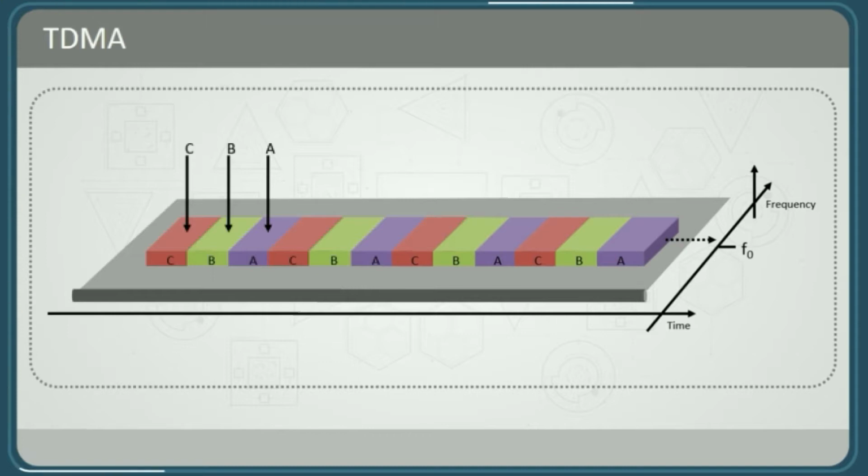Now, this does require some pretty specific synchronization, but voice data is not all that much. So in other words, it's not a big deal to break it up into these smaller chunks, if you will. And it accommodates multiple users on the same channel. So again, we can increase the overall throughput 3 times per channel.